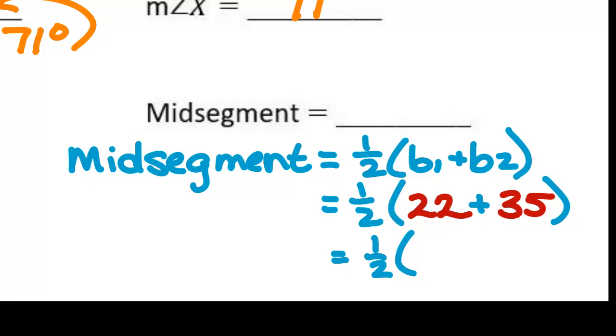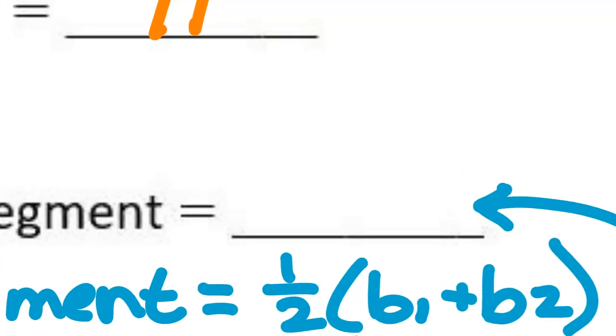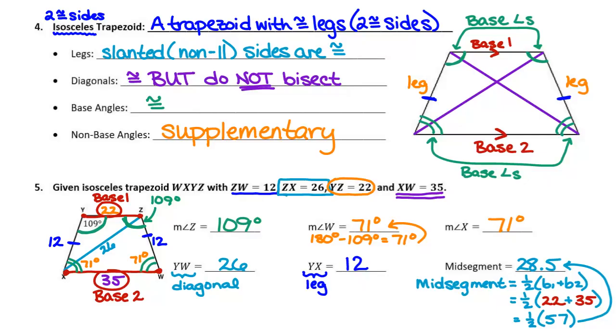What is 22 plus 35? 57. So I need half of 57. What is half of 57? 28.5. Nicely done. Let's flip the page over to page 11.